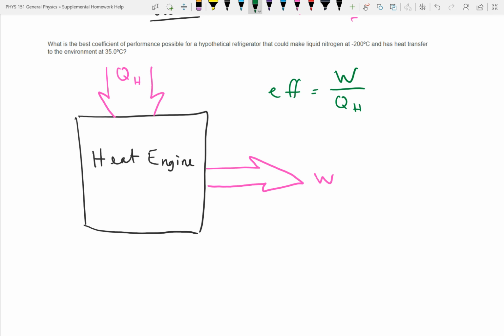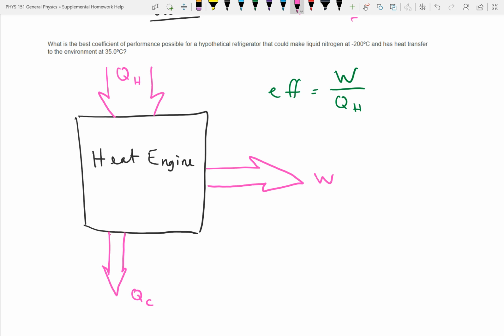That's how it works. But because of the laws of thermodynamics, specifically the second law, it turns out that it's not possible to make a heat engine that converts all of that Q high into work. You're always going to have some heat that's exhausted, the Q cold.